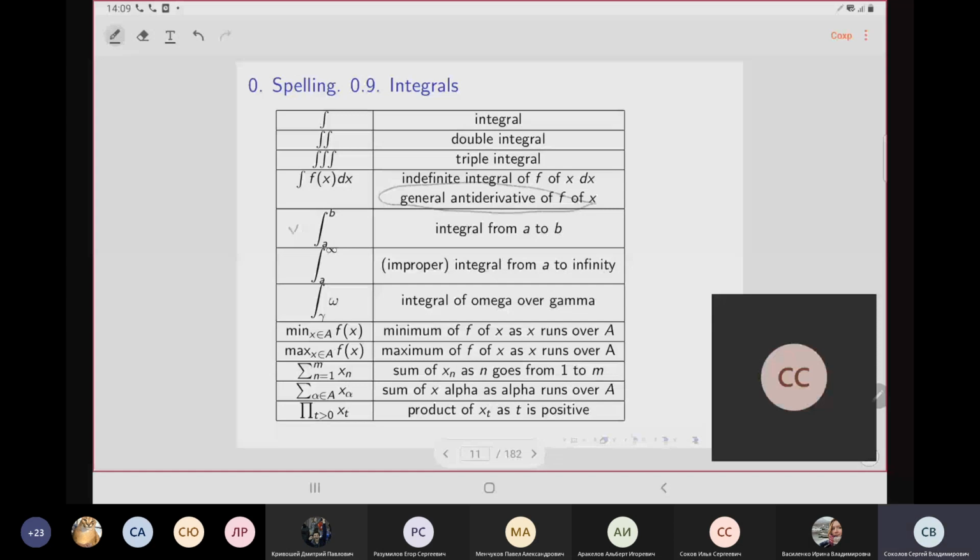When the boundaries are not infinite, we use a proper integral. Sometimes the integral can be improper when one or two limits are infinite. Sometimes we integrate over some set, so integral of omega over set gamma.